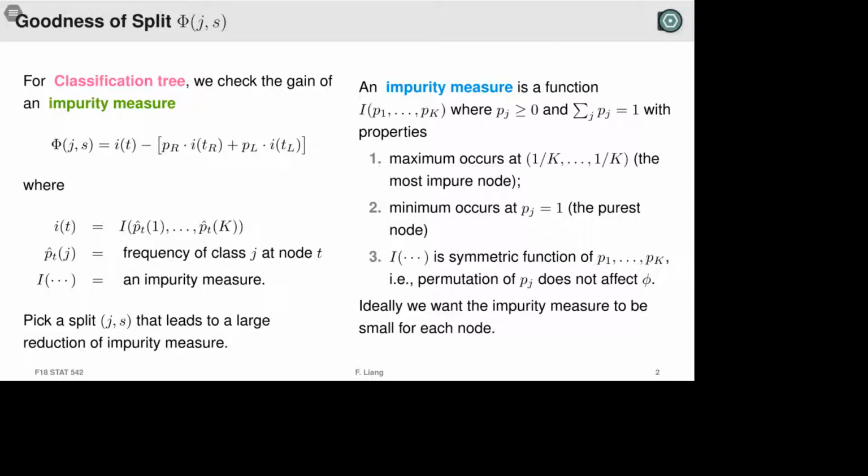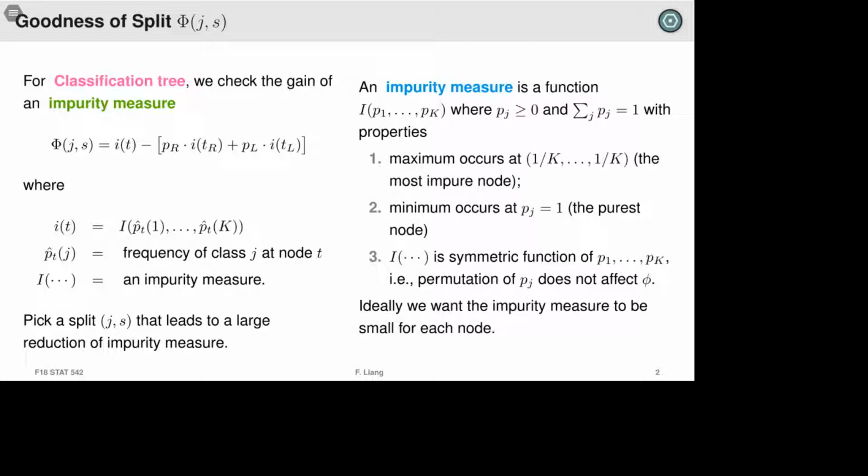For a classification tree, we're actually going to check the gain of the so-called impurity measure. So what is an impurity measure? You can think about just a binary classification. A node is pure, meaning in that node, we only have observations from one class. And that's good. That's the ideal scenario, and the impurity measure is going to be low.